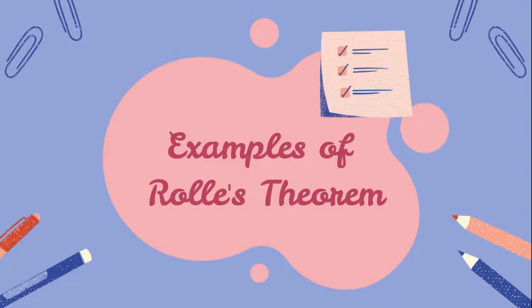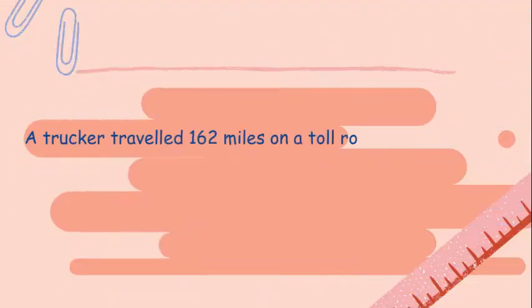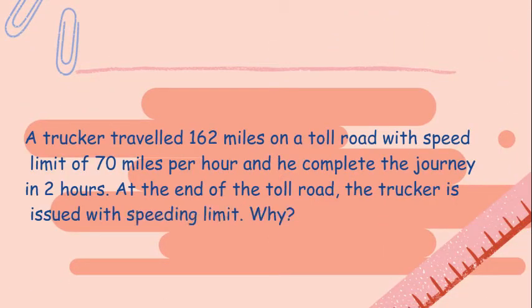Let me give you an example. A trucker traveled 162 miles on a toll road with a speed limit of 70 miles per hour, and he completed the journey in 2 hours. At the end of the toll road, the trucker is issued a speeding ticket. Why?